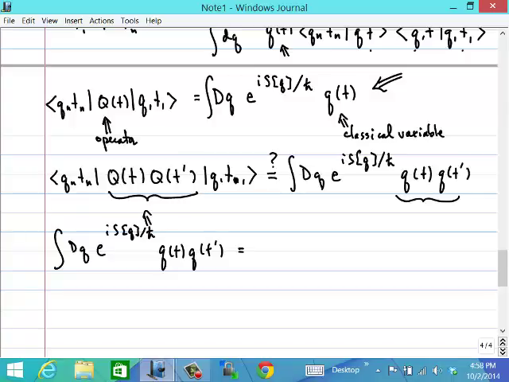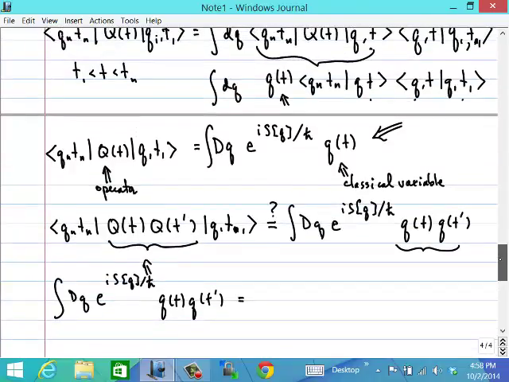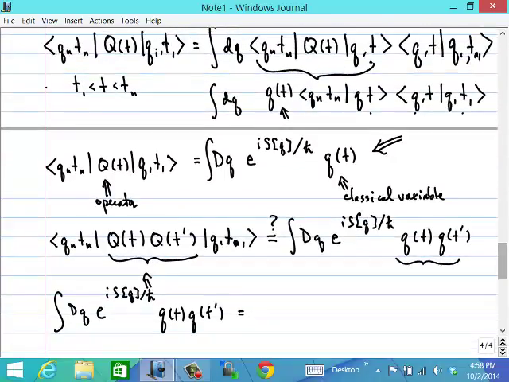Okay. So if t is bigger than t prime, then first you just redo the argument that we did up here, where you insert a complete basis of states that evolves first from t1 to t, and then, if t is bigger than t prime, okay, then you first evolve from t1 to t prime, then t prime to t, and then t to tn.